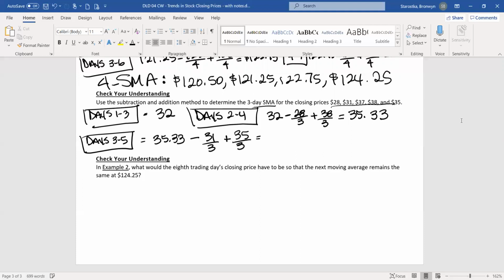And for this average, we get 36.66. So for our 3-day SMA, we're going to get 32, 35.33, 36.66.